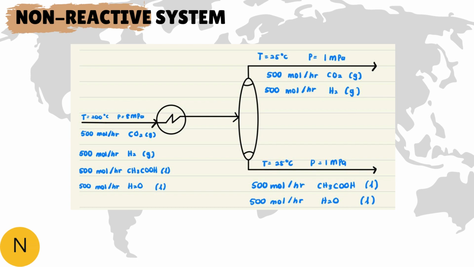The gases go through the top product and the liquid going to the bottom product, which is the condition at temperature 25 degrees Celsius and pressure decreased to 1 megapascal.